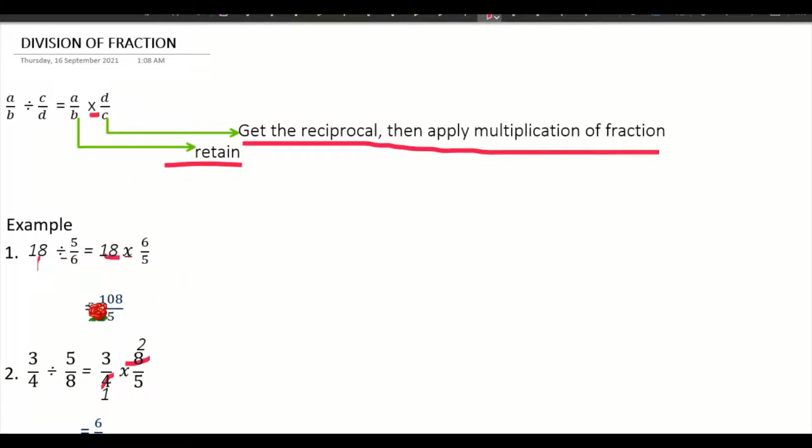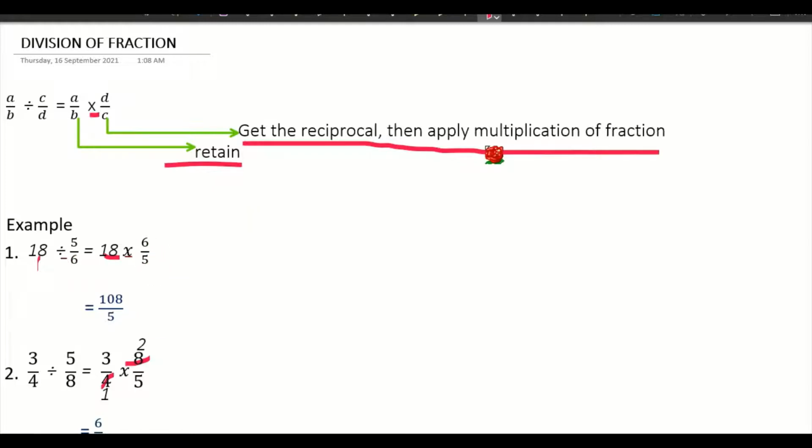So retain natin si 18, then i-reciprocal natin yung fraction na i-divide sa nauna sa kanya. So yung 5 over 6, i-reciprocal natin or i-flip natin. Yung denominator magiging numerator and the numerator will be the denominator. So instead of 5 over 6, magiging 6 over 5 siya.